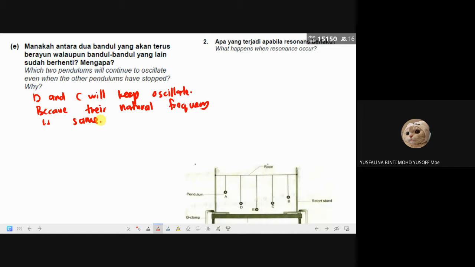So the answer is D and C. So what happens when resonance occurs? When resonance occurs, the system will keep oscillating.